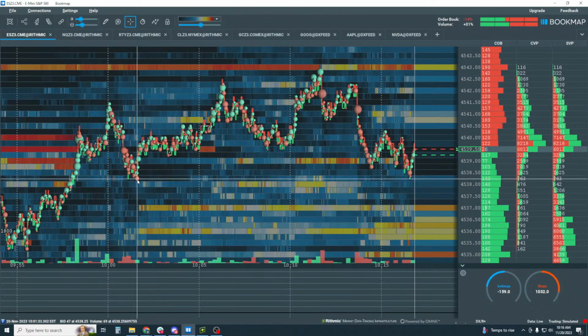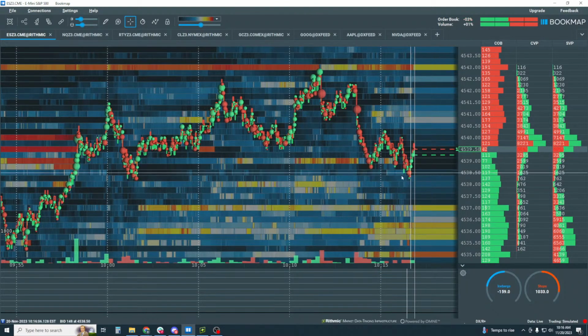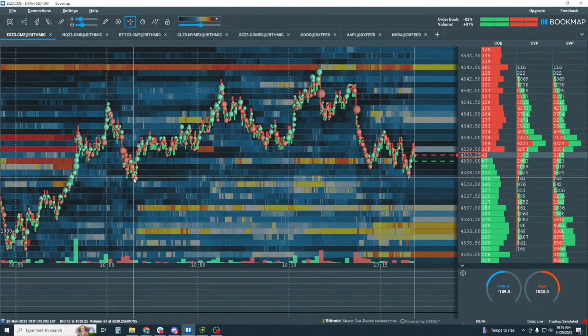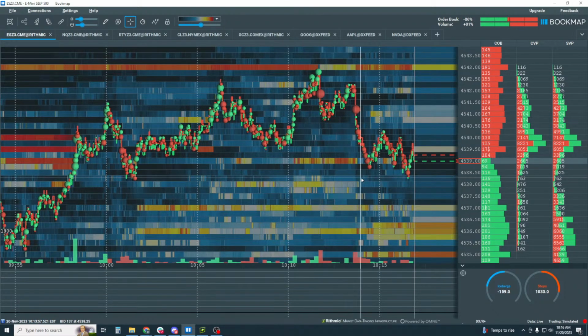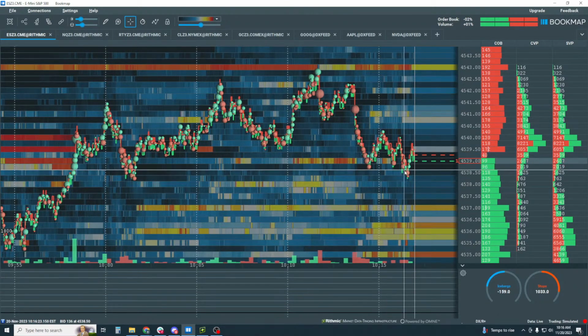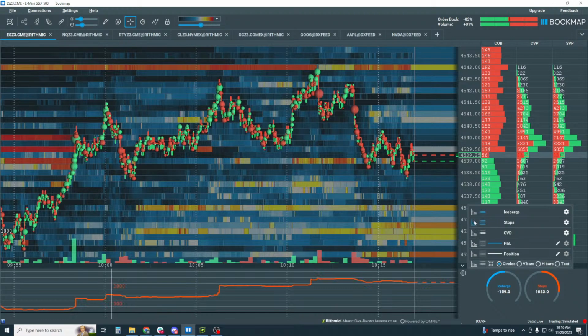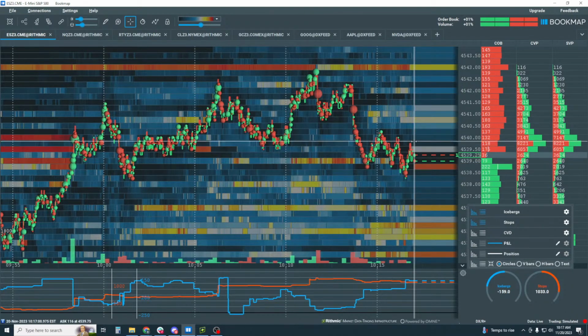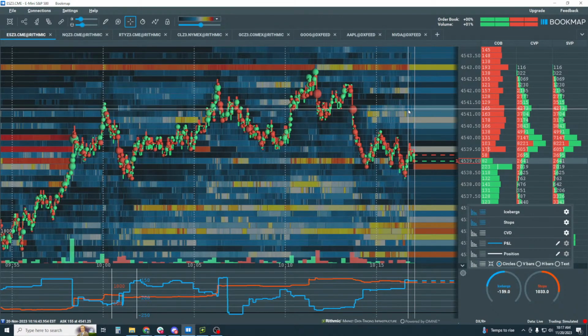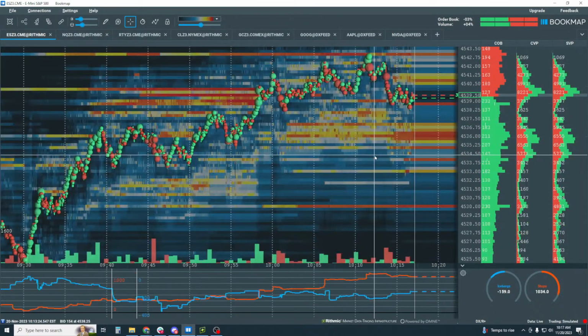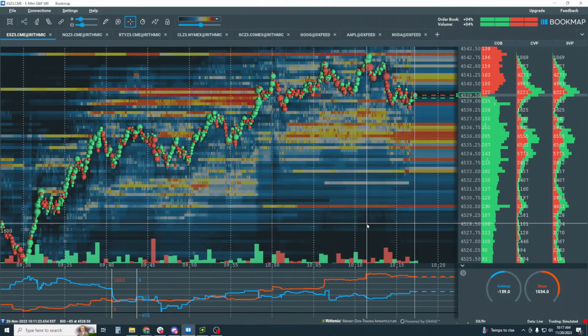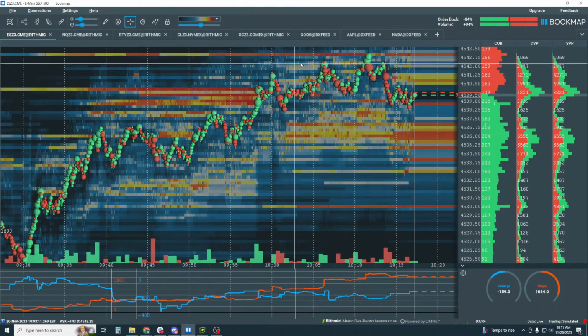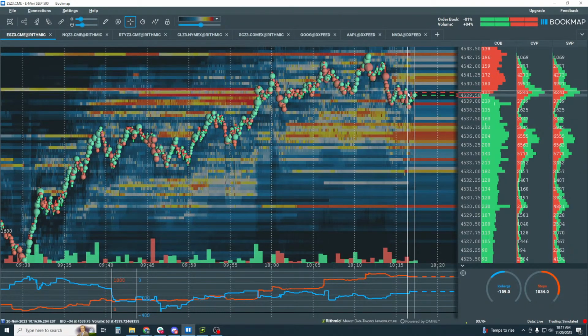Okay, so I'm still kind of looking for exactly this scenario here. I'd like to see it dip below the swing a little bit more, see some stops hit if we can. None have been hit yet. Okay, and then I'd look for those buyers to come back in and try to move it back up. So kind of shifting from momentum move to maybe sideways move.